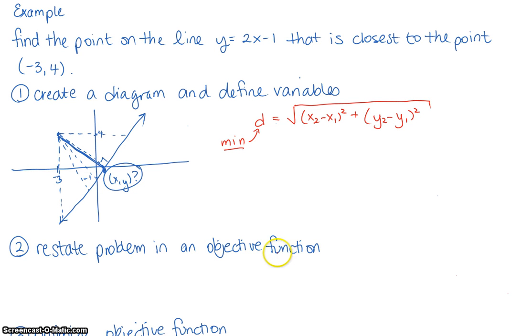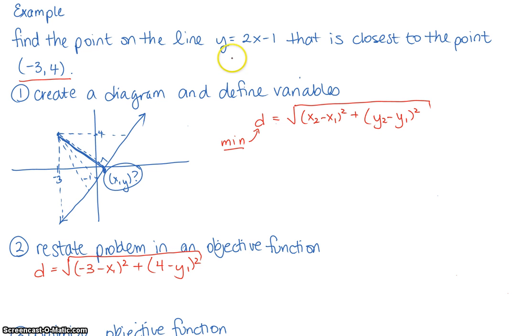We want to restate the problem now in an objective function, which means that we want it in terms of one variable. So we're going to use the other information that we know to narrow down our equation. We know a couple of things that we can fill in. One is that we know a point. So if we fill in negative 3 for our x2, either order doesn't really matter, and we put in 4 for our y2, that at least puts one point in there.